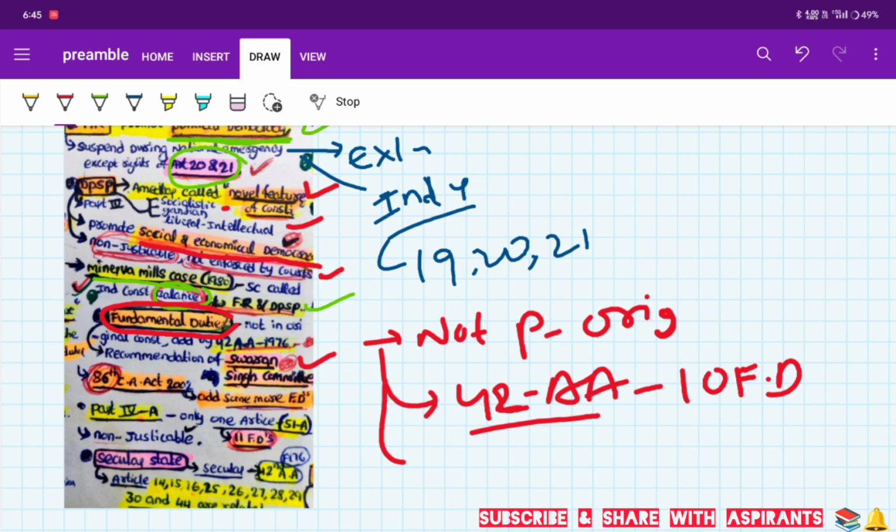In 2002, by the 86th Constitutional Amendment Act, one more fundamental duty was added. As of now, there are 11 fundamental duties.